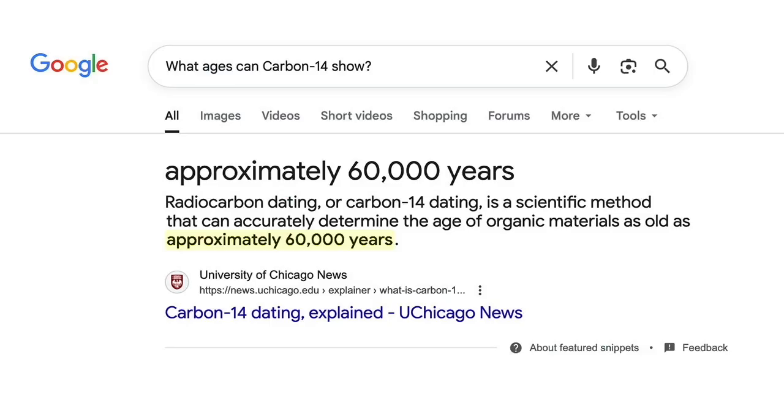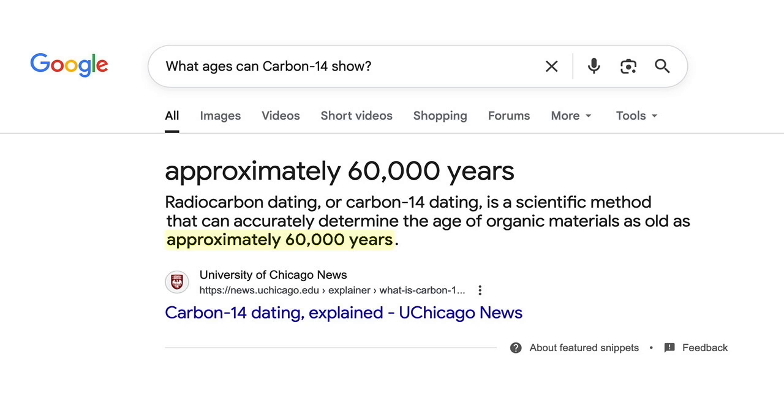Now, the way carbon-14 works is that we have carbon-14 in our bodies because we breathe it in from our atmosphere. There's a certain amount of the carbon in the atmosphere that has this slight radioactive element to it. And that decays over time. While we're alive, we keep the same amount in our bodies as is in the environment, which is a known amount.